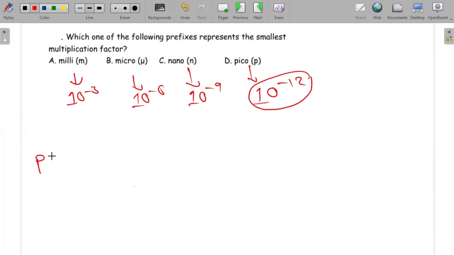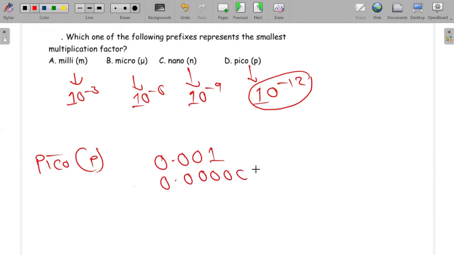Pico is the smallest, because if you say 10 to the power -3, that means you have 0.001, right? If you have 10 to the power -6, that means you have 0.000001. If you have 10 to the power -9, the same.